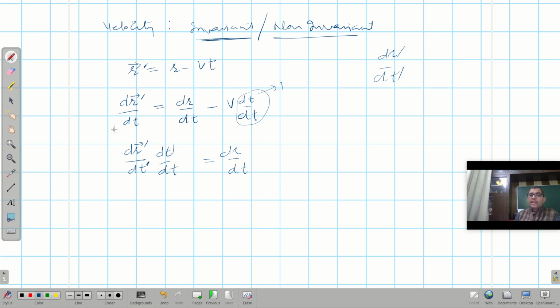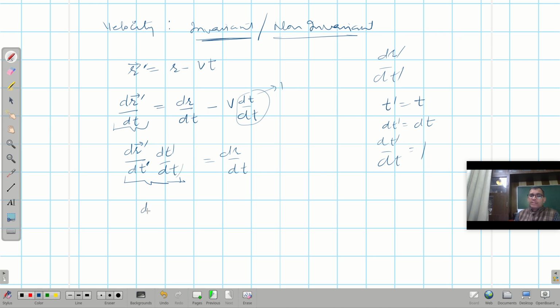So whether I write down this term or this term, both are mathematically equal. As we know, t prime is equal to t under the Galilean transformation, so I can say that dt prime is equal to dt. That means dt prime over dt is equal to 1, so this will not affect the equality, but its value will be 1.